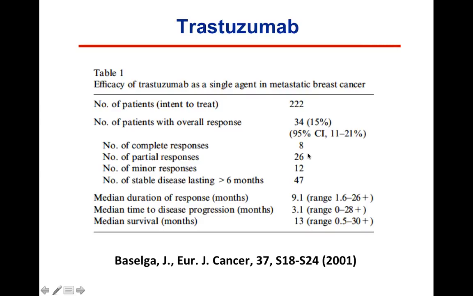Complete responses were 8, partial responses 26, and 12 patients had minor responses. 47% of the patients had stable disease for greater than 6 months. The median duration of the response was about 9 months, and the median time to disease progression was 3 months.